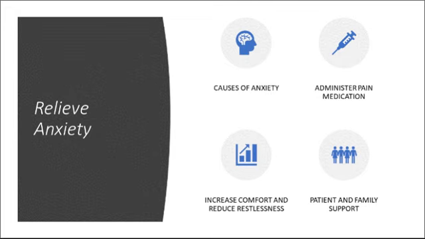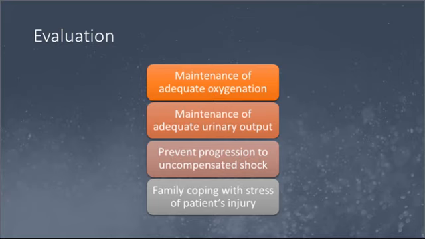And your skin care is going to help with your tissue perfusion. Remain with patient during procedures, speaking slowly, calmly, short sentences, touching them as appropriate, because it helps with the comfort and decreasing anxiety.